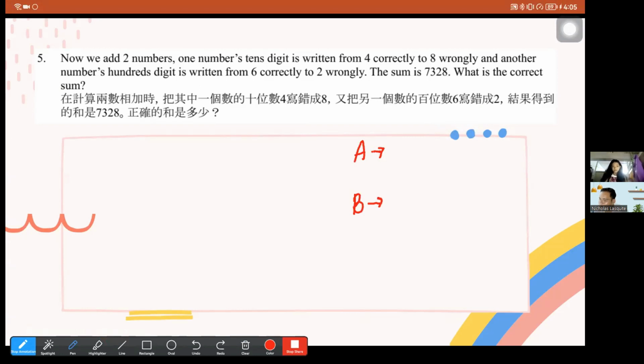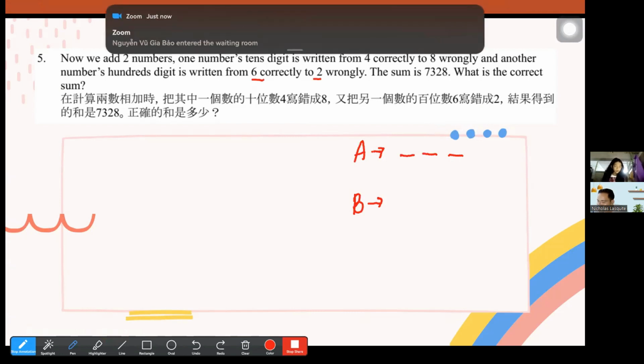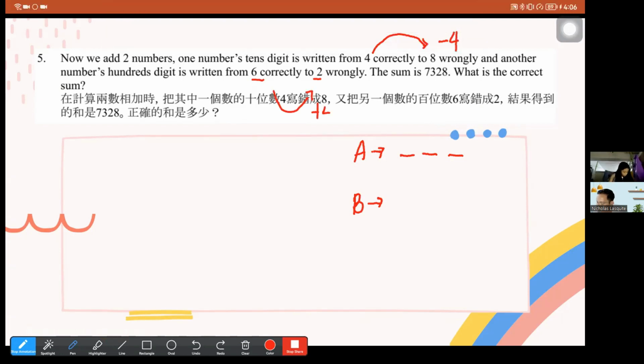One number's tens digit is written from 4 correctly to 8 wrongly. So the difference would be 4, from 4 to 8, the difference is negative 4, okay? And another number's hundreds digit is from 6 to 2, right? So it's plus 4, right?